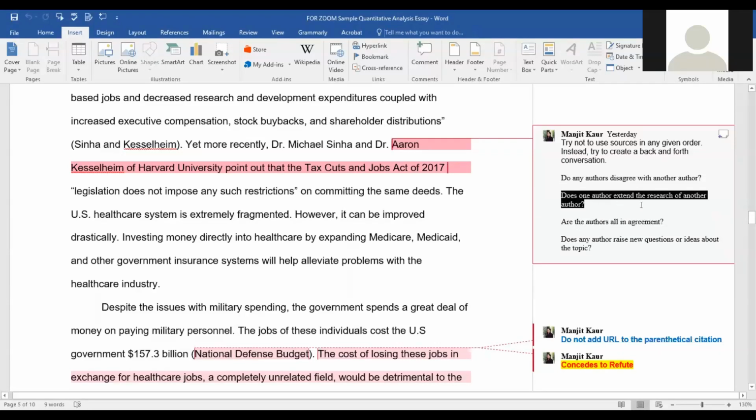Then, does one author extend the research of another author? Look for this, okay? Source A said something, source B said something similar, but even provided more information. Now share that, okay? And in no specific order, and I will quickly show you how this author has used sources. Are the authors all in agreement?